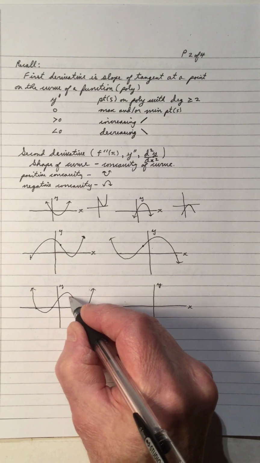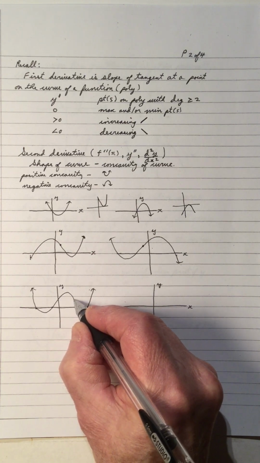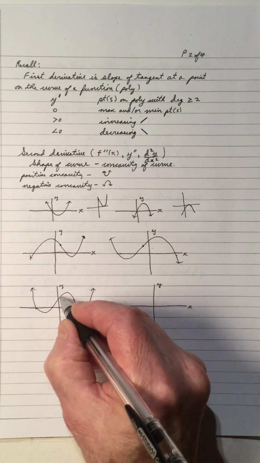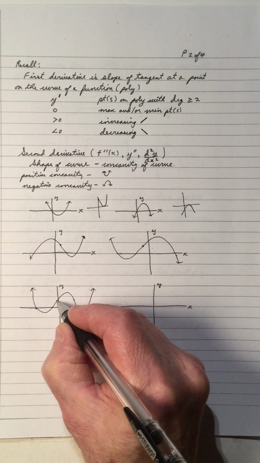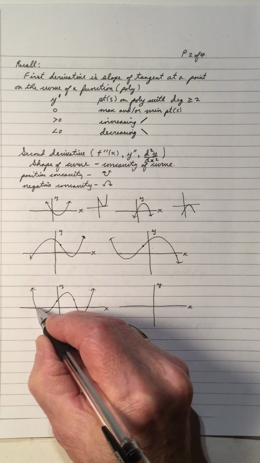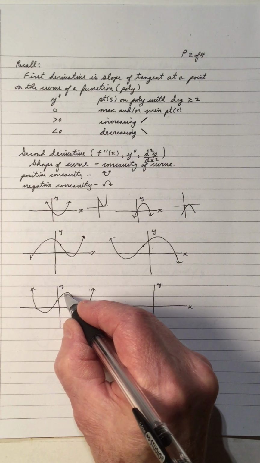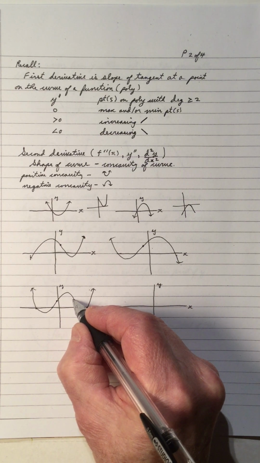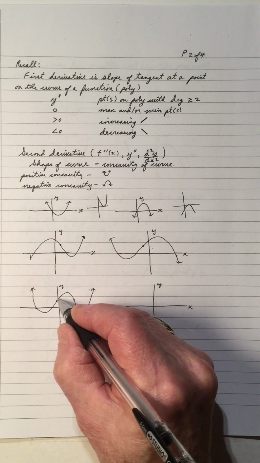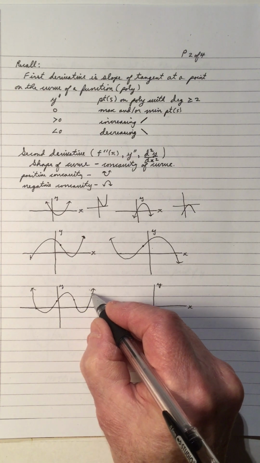Take this point right here: on the left of this point, it's concave upward, and on the right side, it's concave downward. Then when you take this other point, on the left side it's concave downward, and on the right side of this point, it's concave upward.